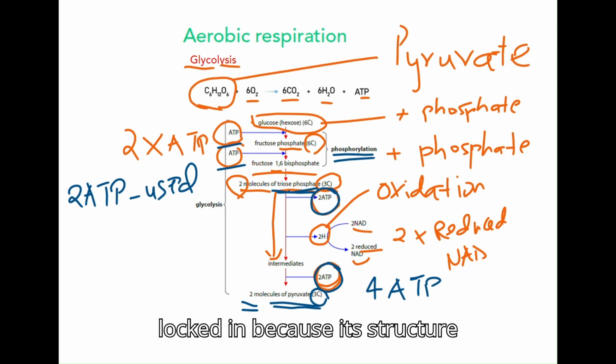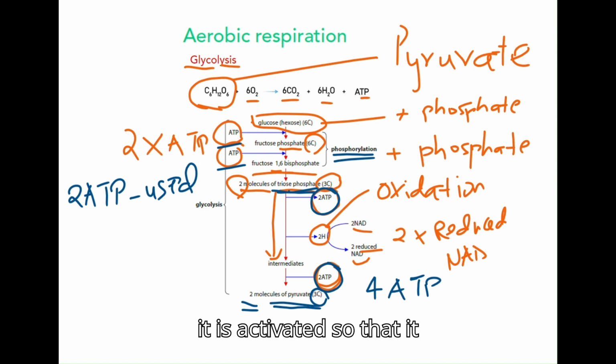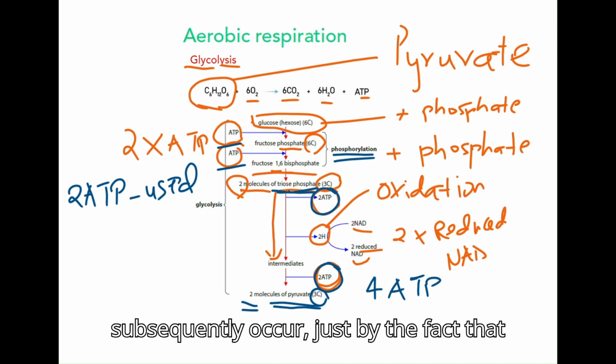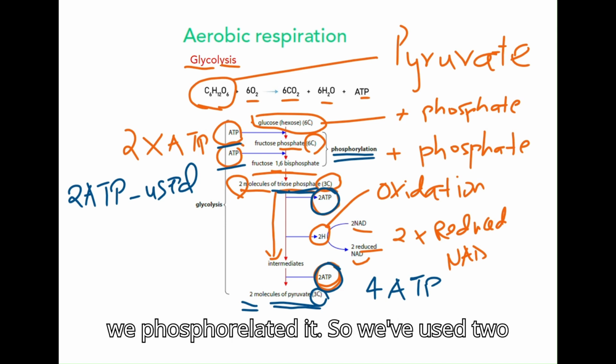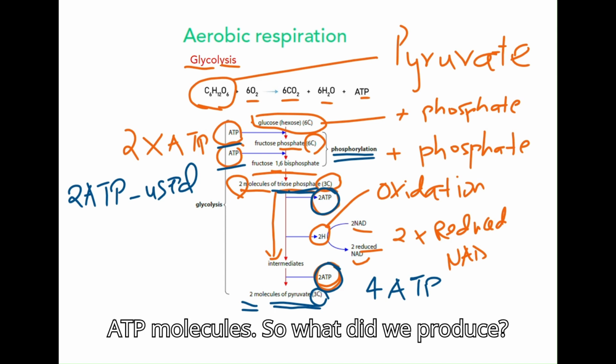It is sort of locked in because its structure changes, and so it can't easily get out. At the same time, it is activated, so it is now easy for the glucose hexose to go on with the reactions that subsequently occur, just by the fact that we phosphorylated it. So we've used two ATP molecules.